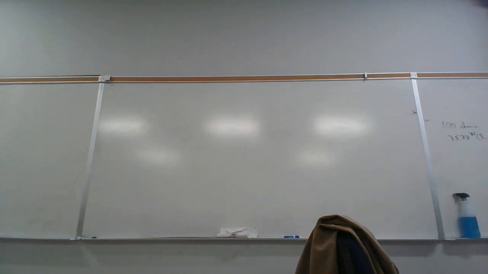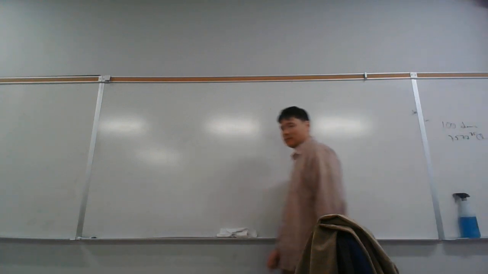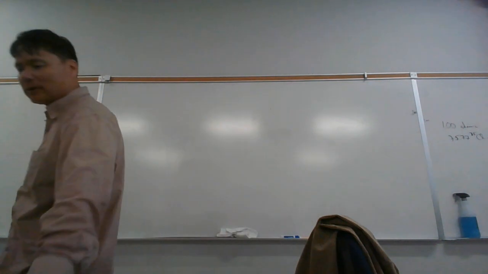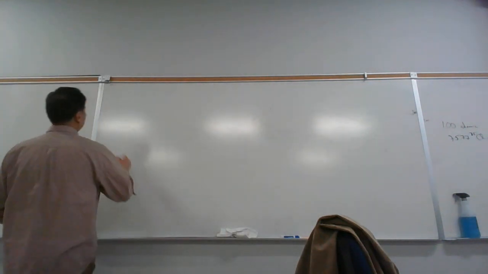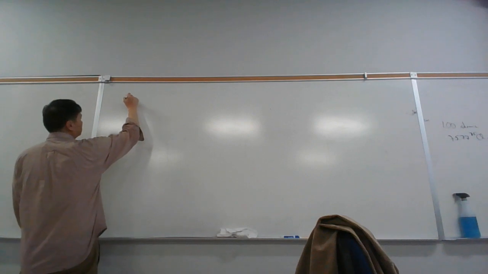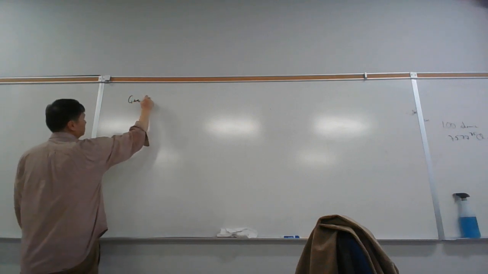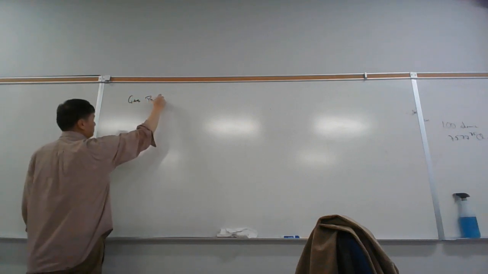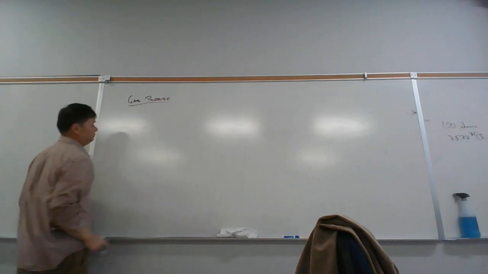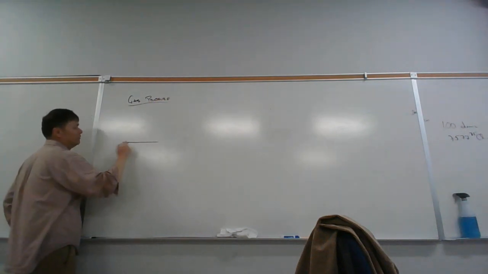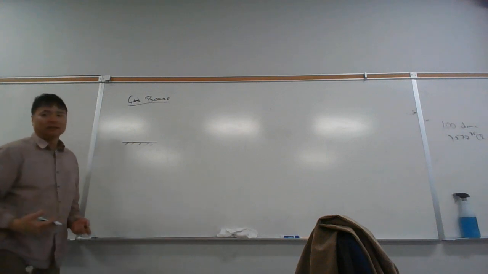Gas pressure. Gas pressure is the first topic in chapter 6. So let's take a look at gas pressure first. Gas pressure, if you have a gas, what does a gas consist of?